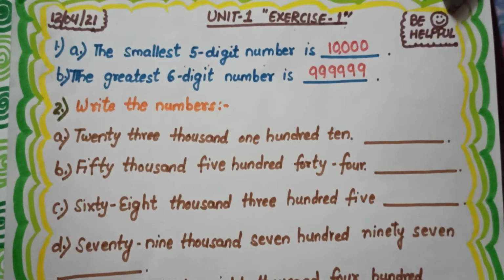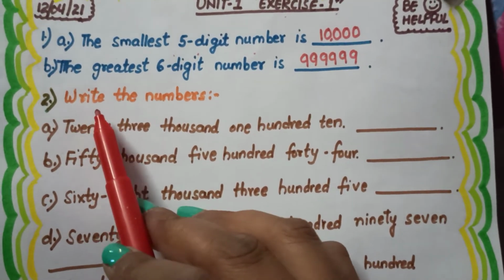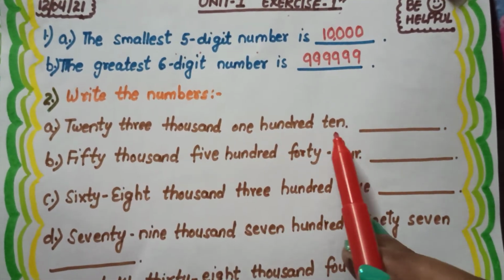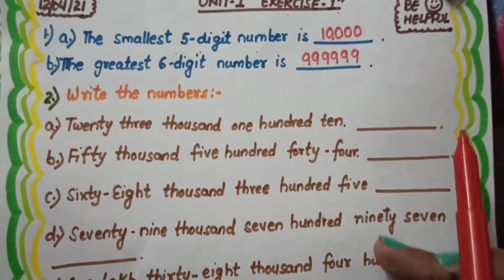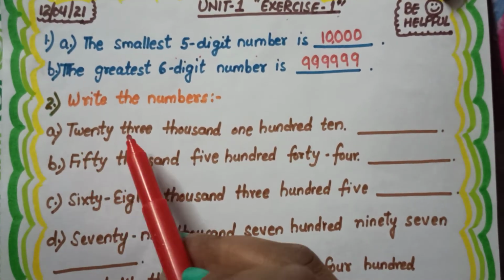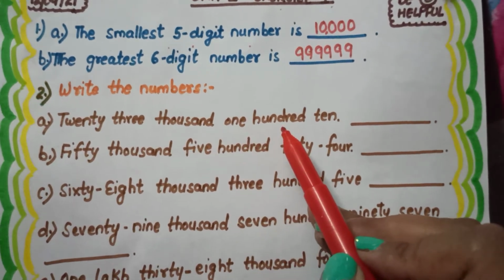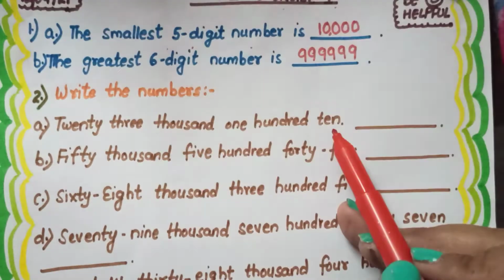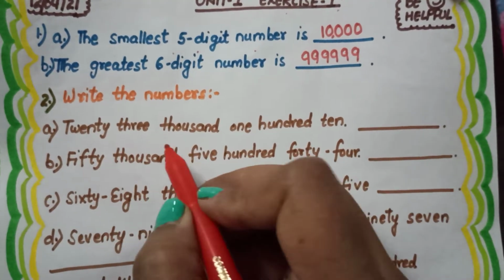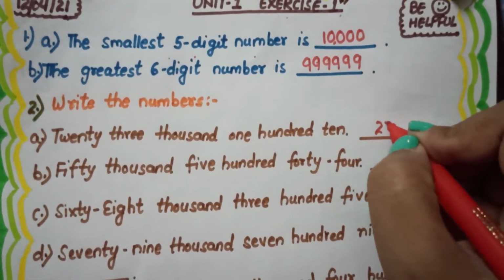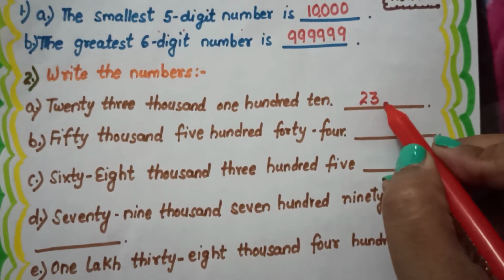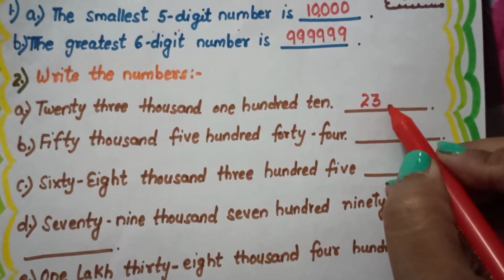Now we will move on to question number 2, and the question says write the numbers. It means the number name is already given over here. Now we have to convert it and write it down in numbers. 23,110. Now see, this group is complete. 23,000. Let us write it down like this. 23,000 means after this we have to have 3 digits.